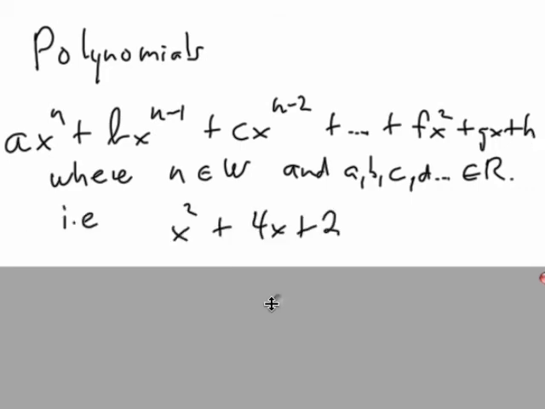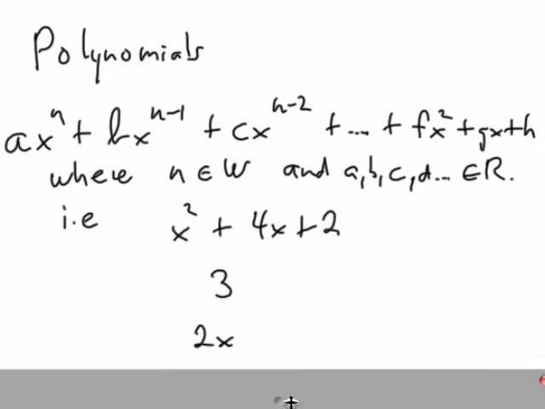So anything like x squared plus 4x plus 2 is a polynomial. The main thing here is that the exponents must be whole numbers. No negative exponents, no fractions, just positive whole numbers. So the square root of x is not a polynomial because that could be thought of as x to the 1/2.